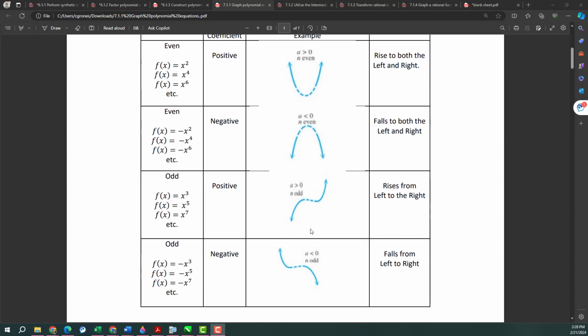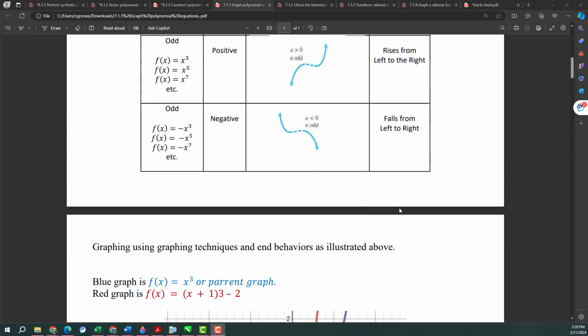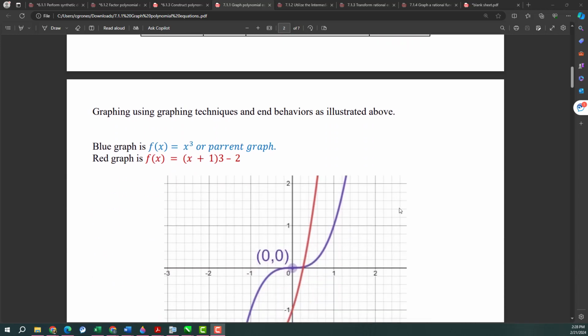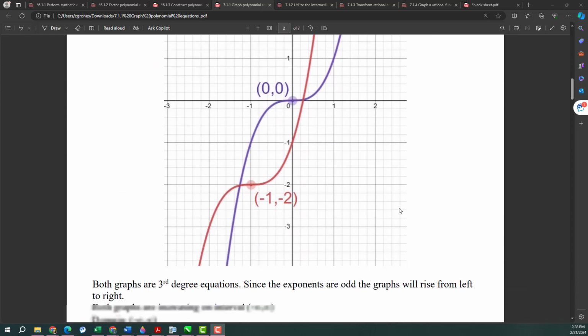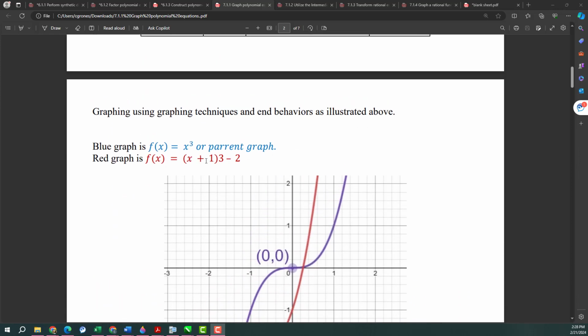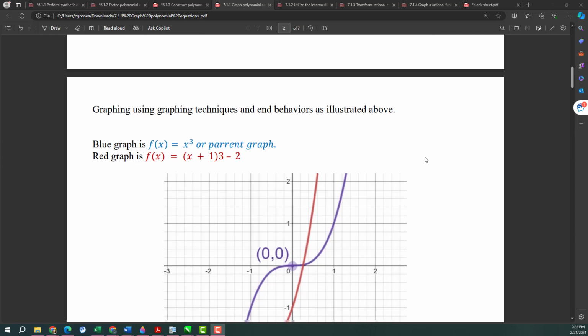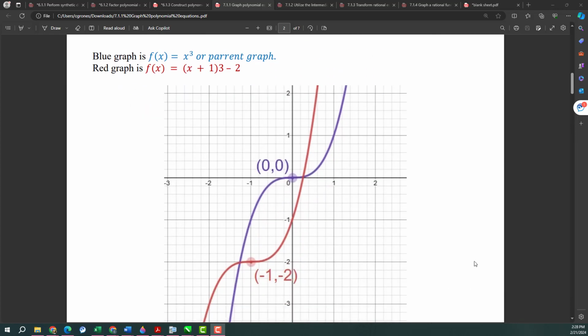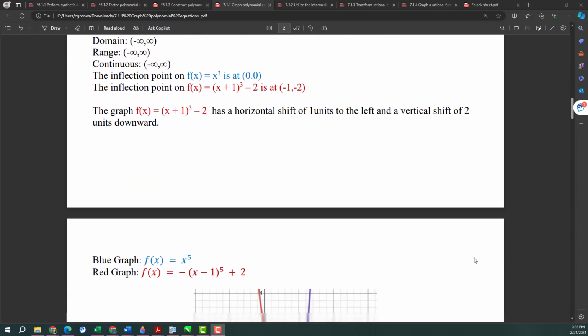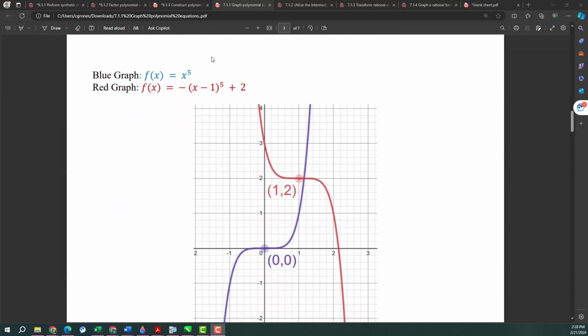And then it just has the different graphs, what they're doing. And it's an example of what is going on, the shift of the graph. This one is actually a reflection.